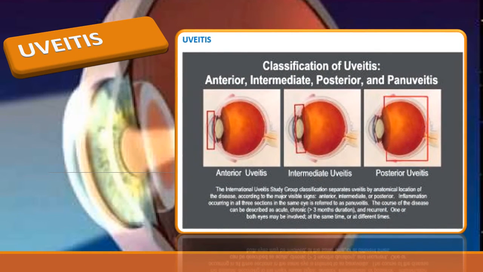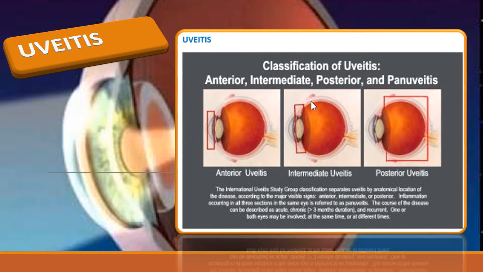Uveitis can be anterior or posterior, as illustrated in this picture here. Anterior uveitis is going to affect this area here, and the posterior is going to affect this area here. Of course, intermediate uveitis is also classified in the picture. Anterior uveitis is the inflammation of the iris, the ciliary body, or both, often following exposure to allergens, infectious agents, trauma, or systemic disease.